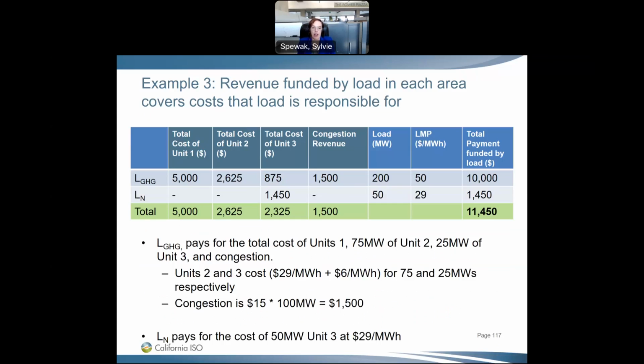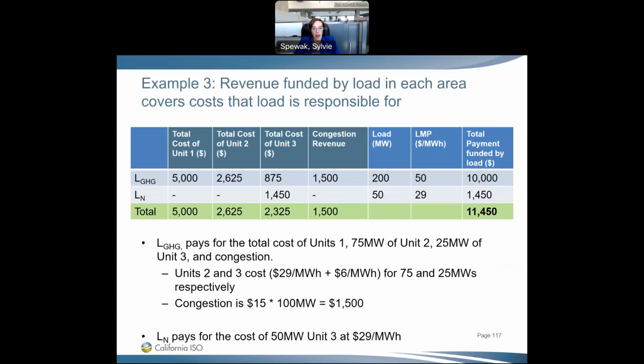Finally, let's check to make sure that everyone is paying for what they're supposed to be paying for. Load in the GHG area funds $10,000, and that's used to cover all of Unit 1, all of Unit 2, and 25 megawatts of Unit 3 plus its compliance costs.